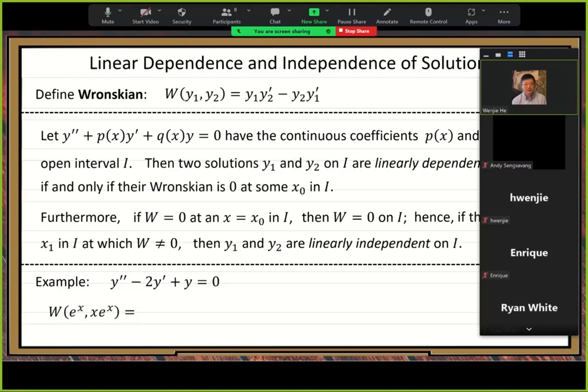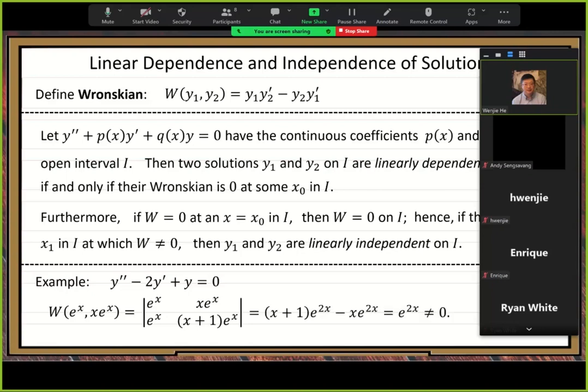The first solution is e to the x, and x times e to the x is the second solution. Now let's calculate the Wronskian, the determinant. Using the formula, cross product first, then take the difference.